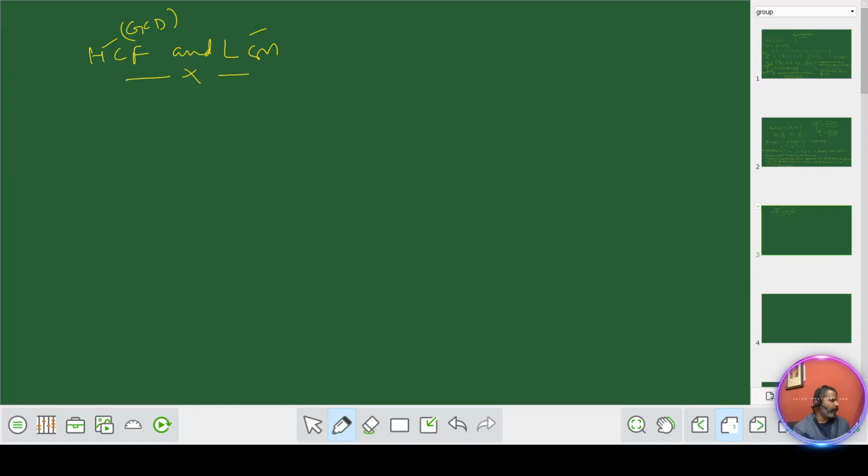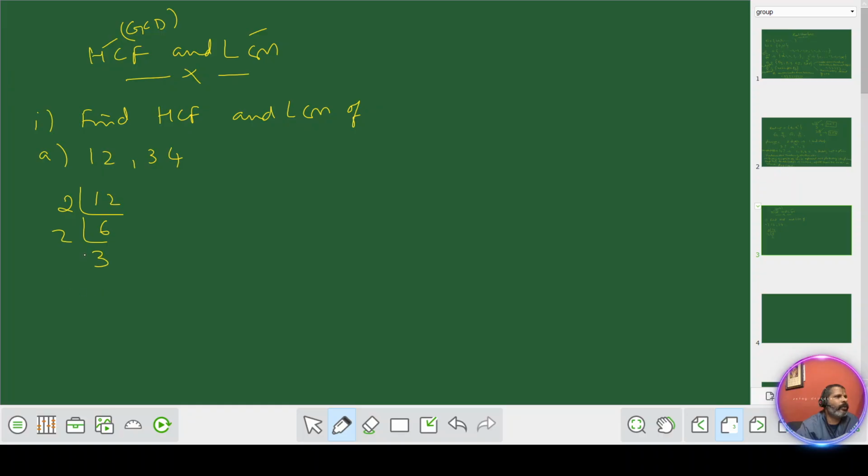We'll start with some examples here. Let us find HCF and LCM of, let's see a few examples here, 12 and 34. First, find the factors for each of them. Always make sure when HCF and LCM are asked, we have to use the prime factors only for division. 2 sixes are 12, 2 threes are 6, so don't again write 3 ones are 3.